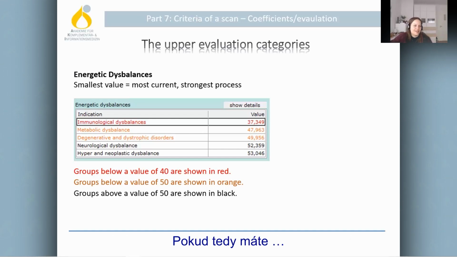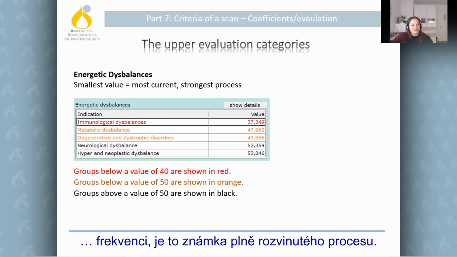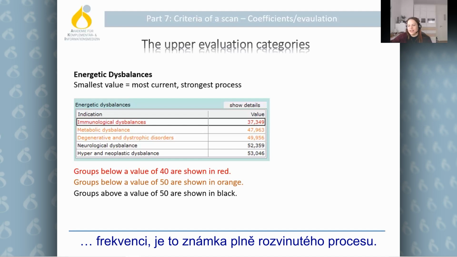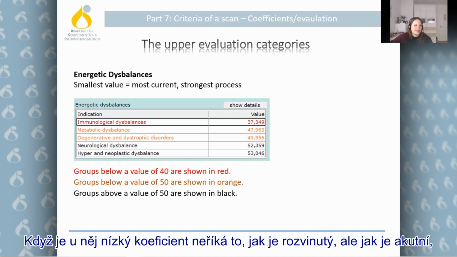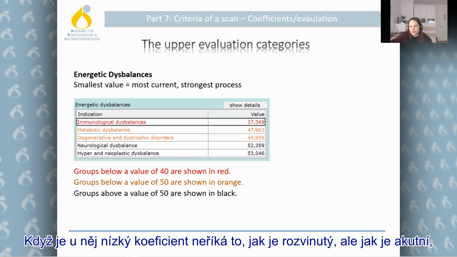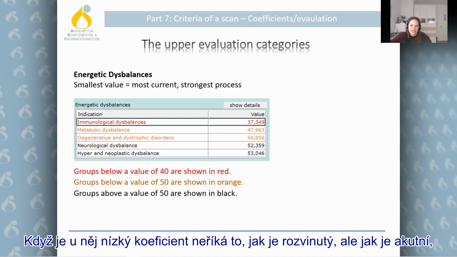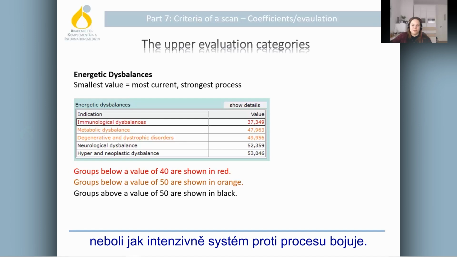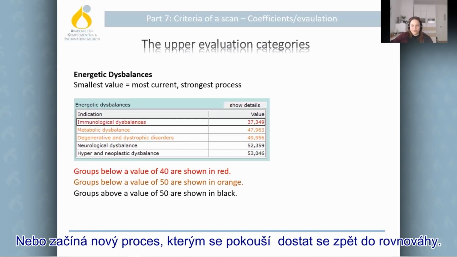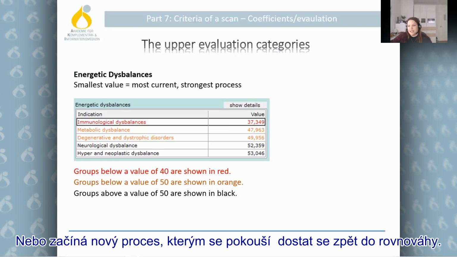So when you have the frequency behind, it would be assigned for a fully developed process, but when you have a small coefficient, it doesn't tell you how much it's developed, it's just how acute is it. So how much the system is working against this process, or starting a special process to get in balance again.